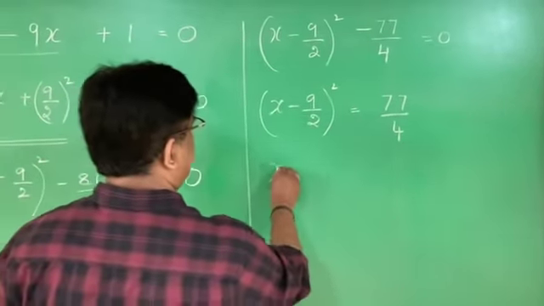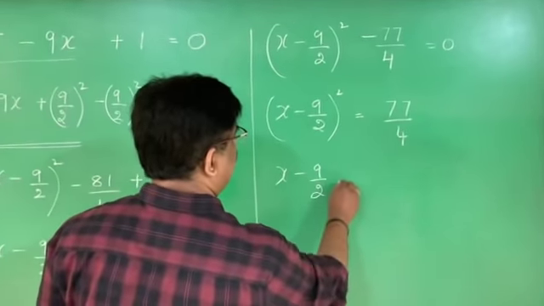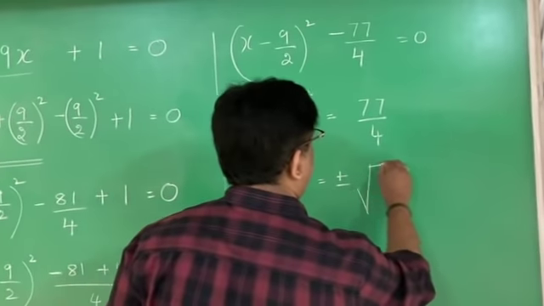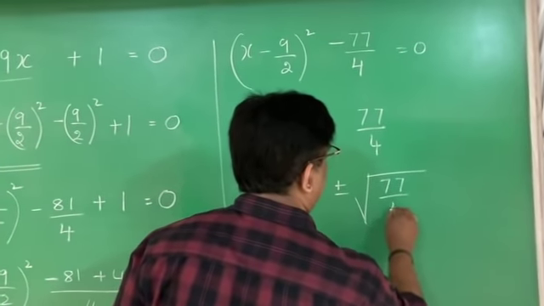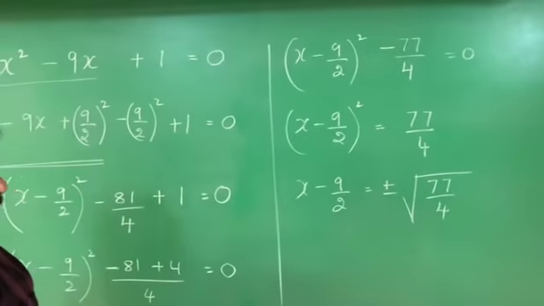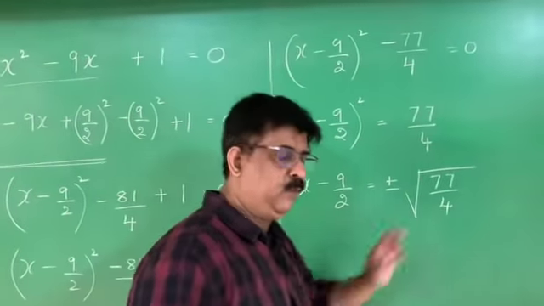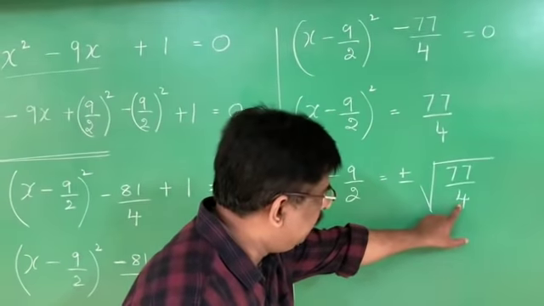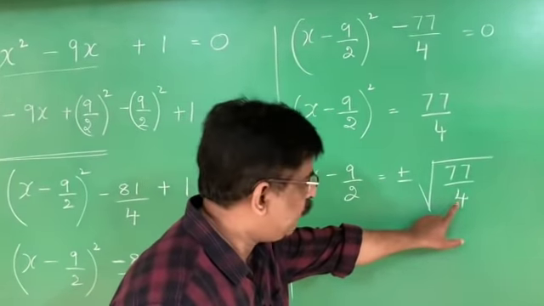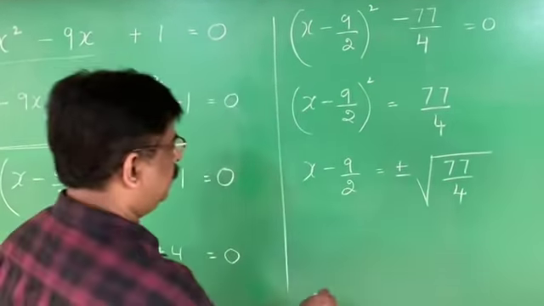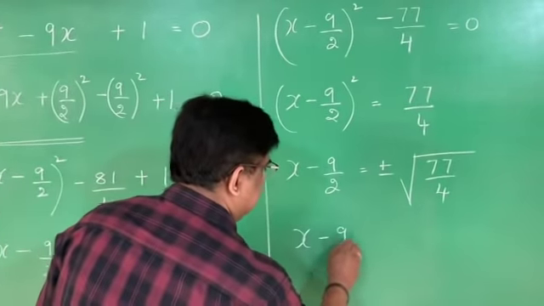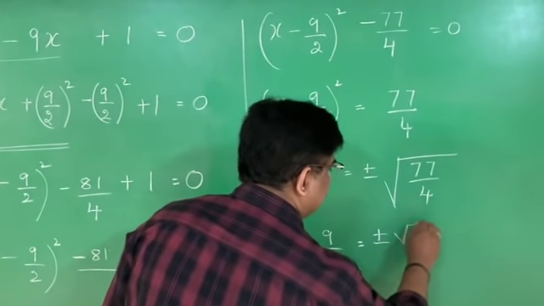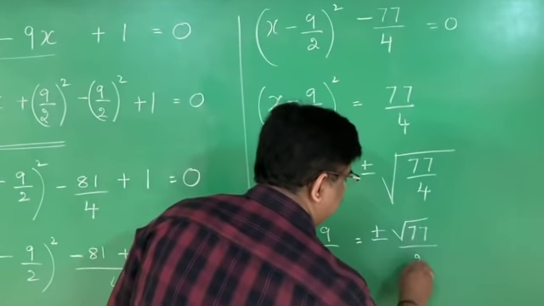Then it becomes x minus 9 by 2 is equal to plus or minus square root of 77 by 4. See the denominator part, 4. For this denominator there is a square root, because square root of 4 is 2. Therefore this becomes x minus 9 by 2 is equal to plus or minus root 77 by 2.